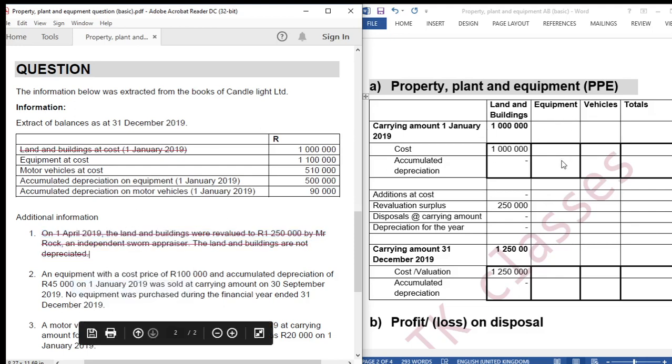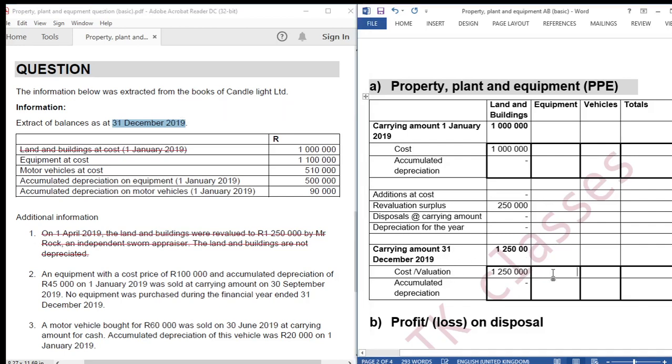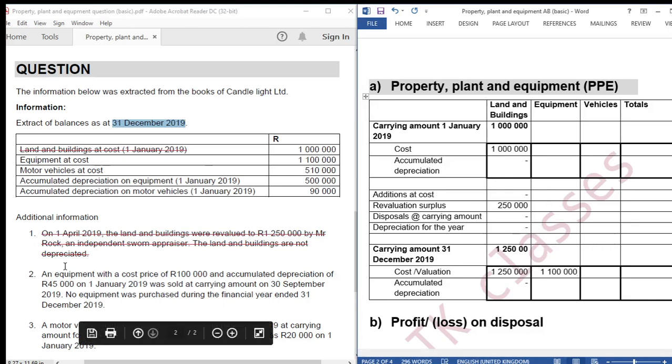We move on to equipment. Equipment at cost 1,100,000. But there is no date here, which means we are using the date 31 December 2019. So cost on 31 December 2019 is 1,100,000. Then additional information number 2.